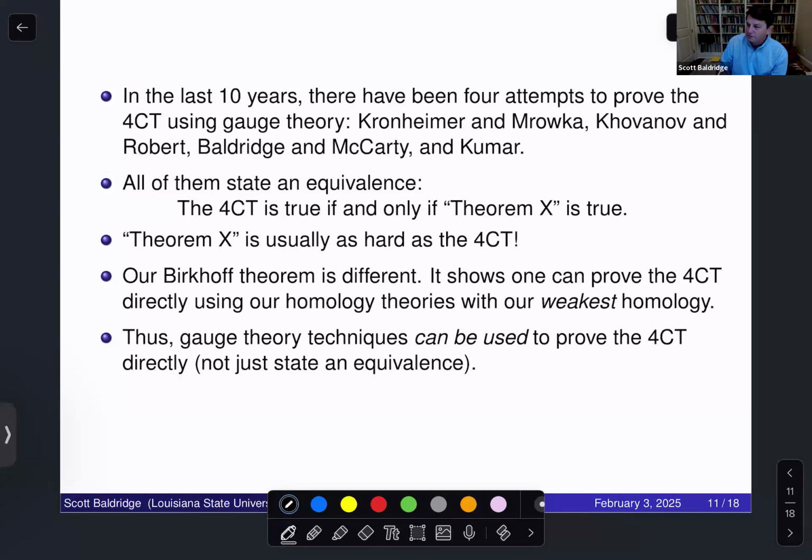So in the past 10 years, there have been 4 attempts to prove the 4-color theorem using gauge theory. Kronheimer and Mrowka with their instanton homology, which is a beautiful paper. Khovanov and Robert, through another fantastic paper. These are 5 and 6.